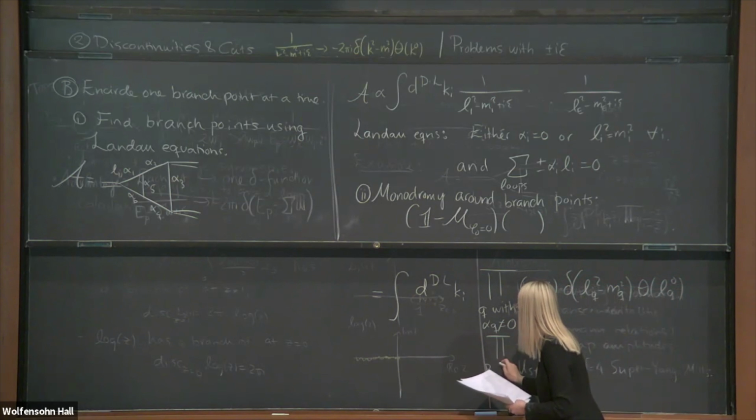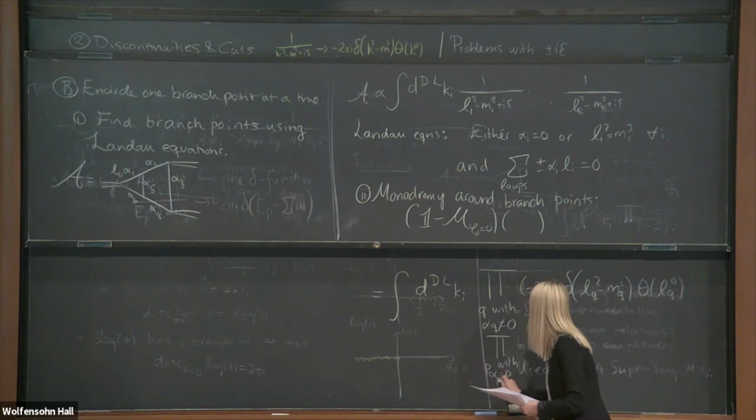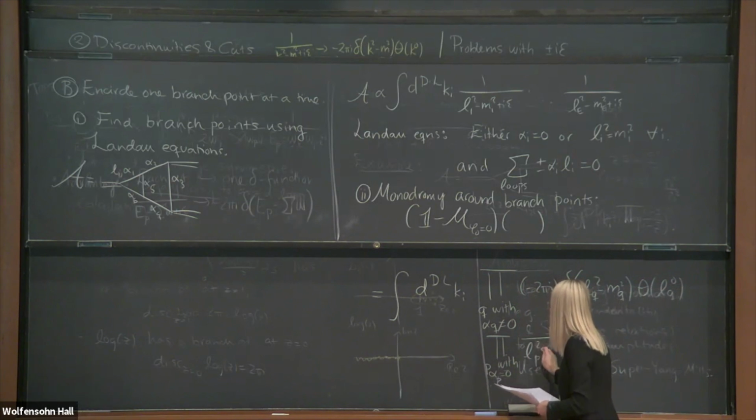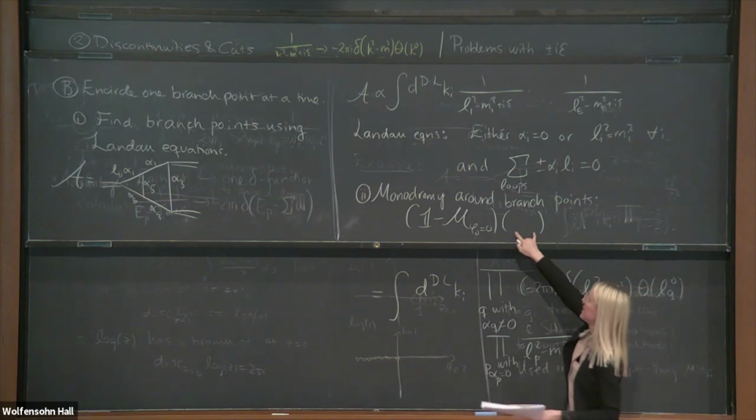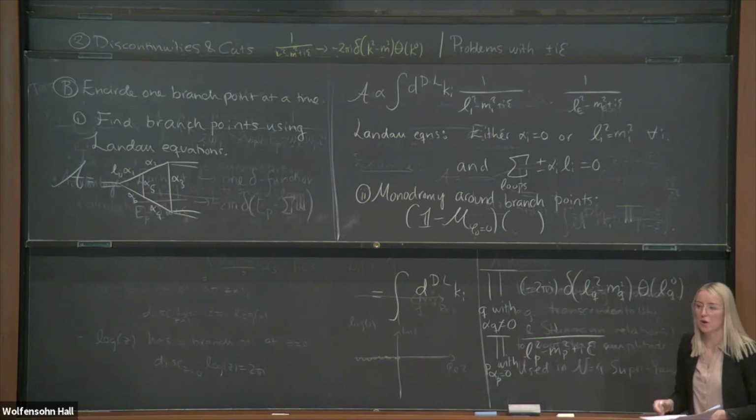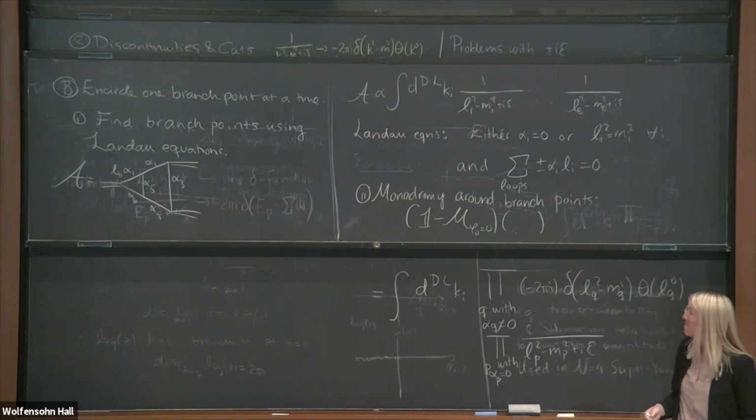But for the alphas that are 0, I keep the propagators intact. And note that I've not written yet here what this monodromy operator acts on.